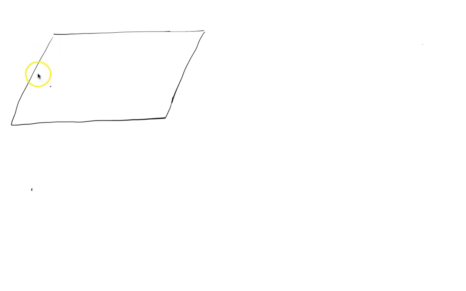Okay, let's consider there's a three-dimensional space which contains these two vectors, A vector and B vector. So for A cross B, we need to find a direction.